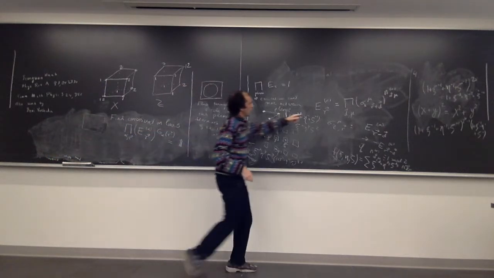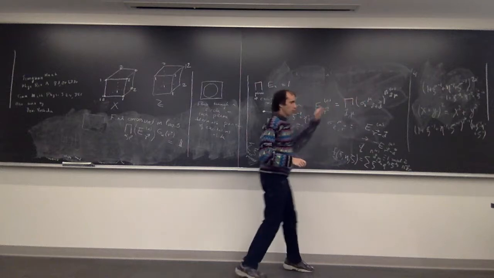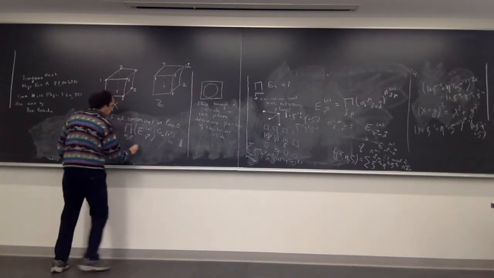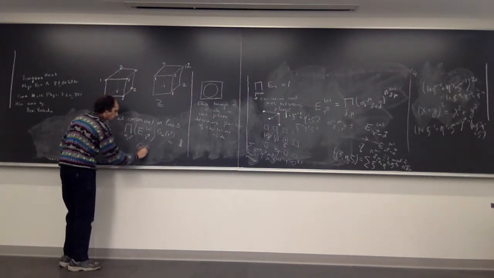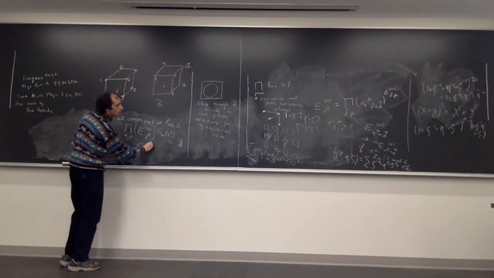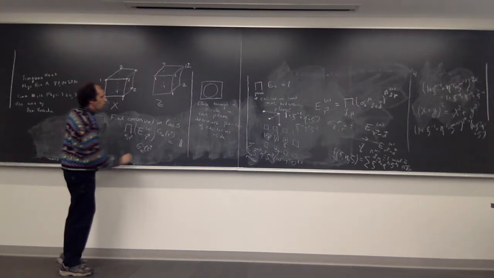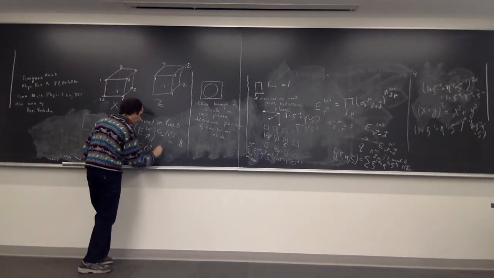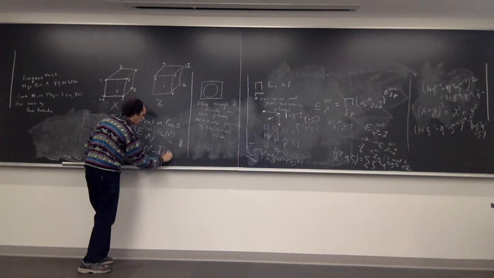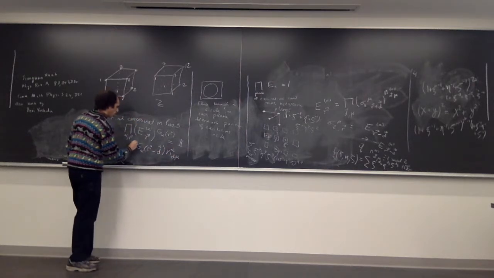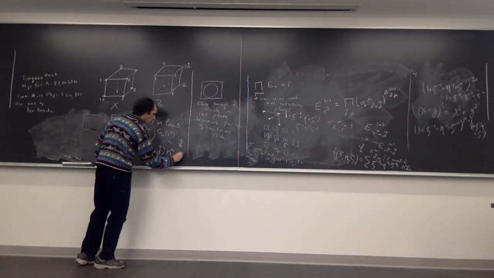For everything to cancel out, I need sigma x at r to cancel out. So that means the sum over d and alpha of G alpha of r minus G alpha of r minus d times n d alpha has to be 0 modulo 2.